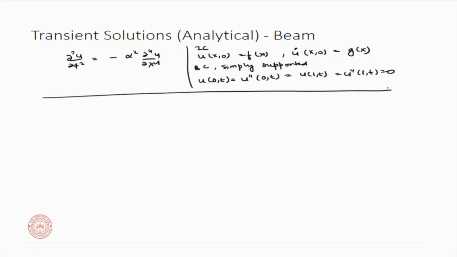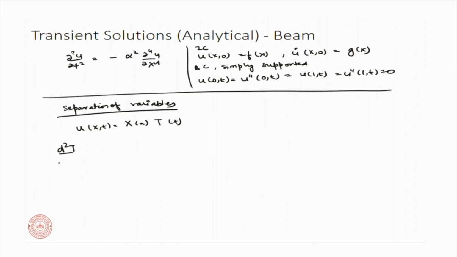If you solve this again with separation of variables, and I am doing this quickly, I want you to try this. u equals x of x times t of t. You will find 2 equations: del square t by del t square plus lambda square alpha square t equals to 0, and del 4 x by del x 4 plus lambda square x equals to 0.